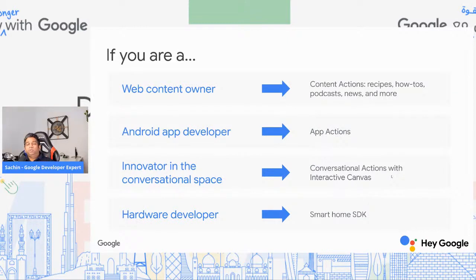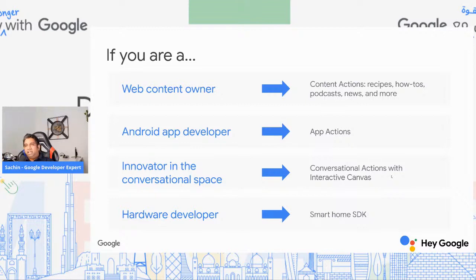And I did want to put this specific slide for everyone who's involved, because building for the Google Assistant is not just about being an Android developer. So if you fall under any of these categories, it is for you. What does that mean? If you're a web content owner, you can use content actions.